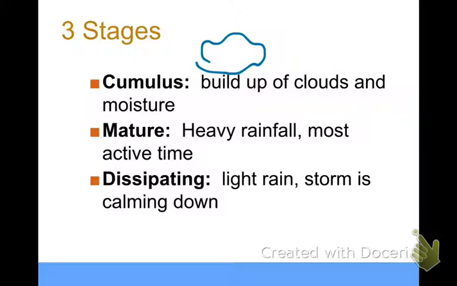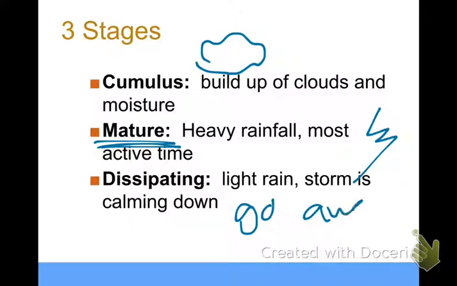Once the cumulus clouds or the storm becomes mature, that is when you're going to have the active time. So you've got a lot of rain, you've got a lot of lightning. That's a lightning strike. You've got thunder, all that stuff that's going on. You may even have some hail occurring depending on what the storm system is like. After you have the mature stage, it begins to dissipate, aka it begins to go away.